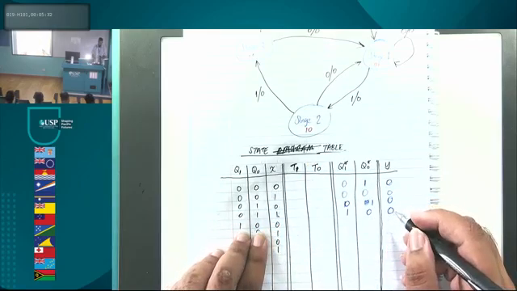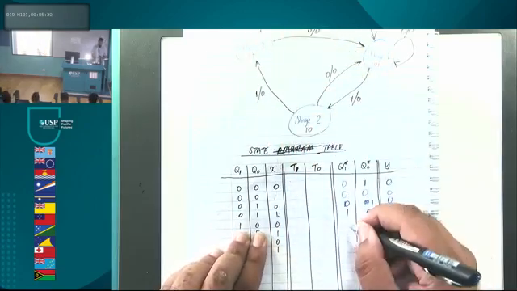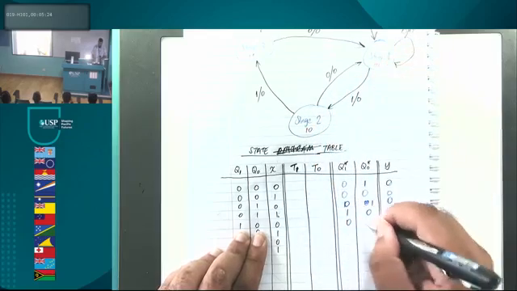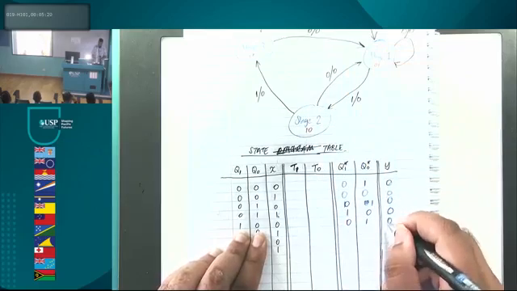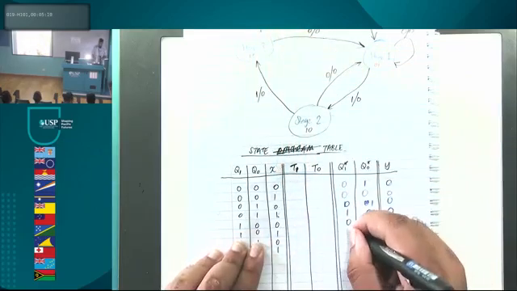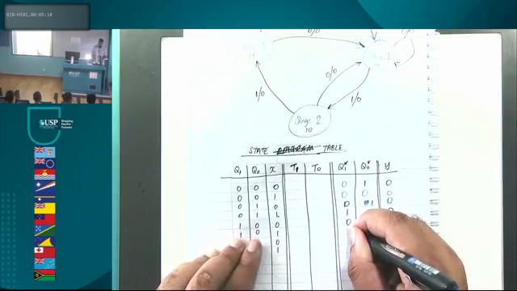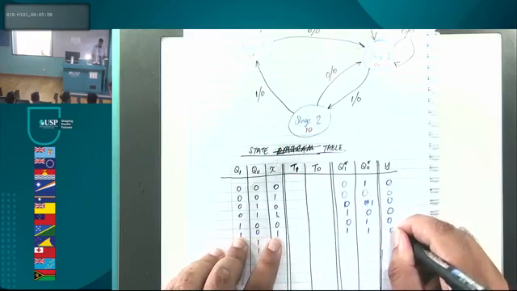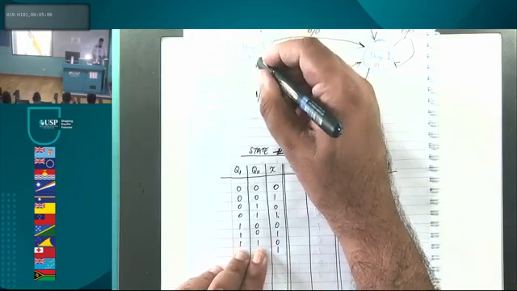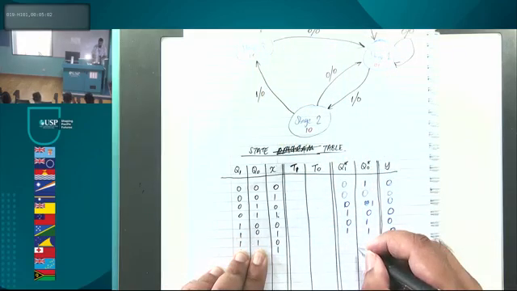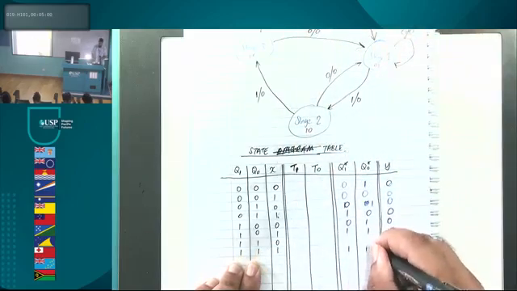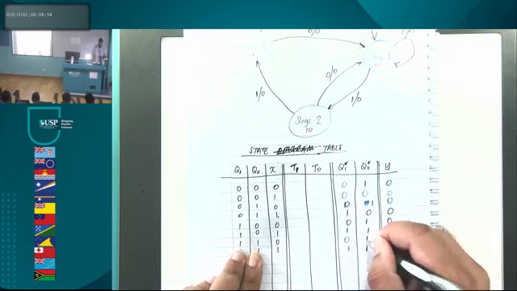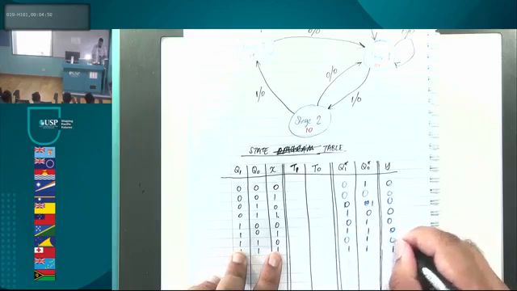Okay, 1, 0 will go to 0, 1 if the input is 0, output is 0. 1, 0 will move to 1, 1 if input is 1, but output will remain 0. 1, 1 will go to 0, 0 if input is 1. I'm doing the last line. 1, 1 will go to 0, 1 if input is 0 and output will remain 0.